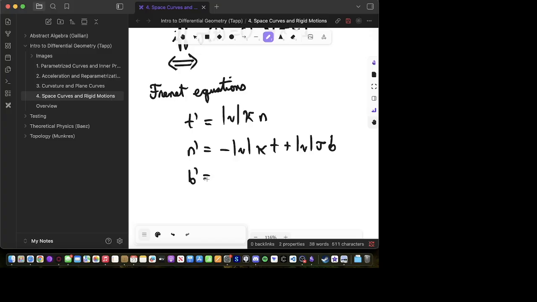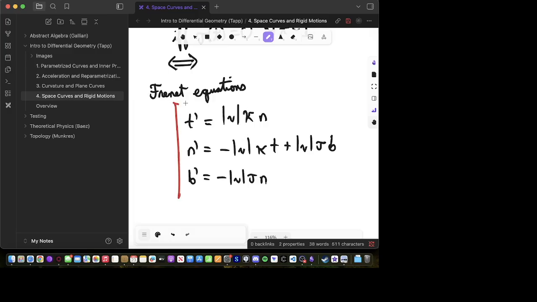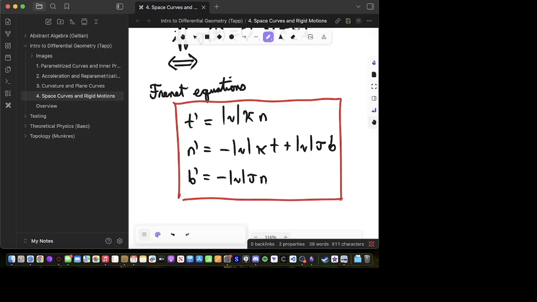And the derivative of the binormal is negative velocity torsion normal. So these are very important equations in the study of differential geometry of curves. So you should know these. These are pretty important.